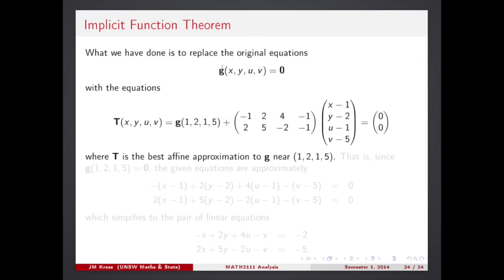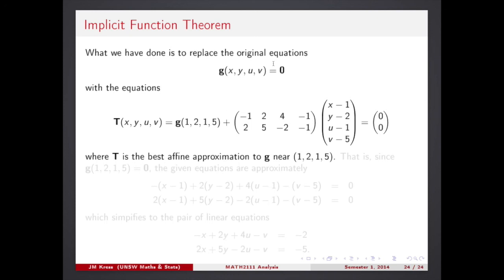You can find an affine approximation to the whole g function, and here it is. That's g at the point (1, 2, 1, 5). This is the derivative of your g function, this 4×2 matrix we saw before. These are the increments.